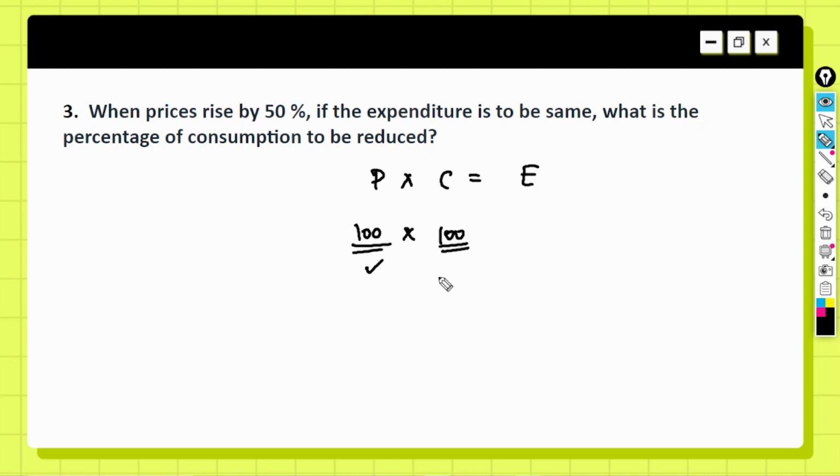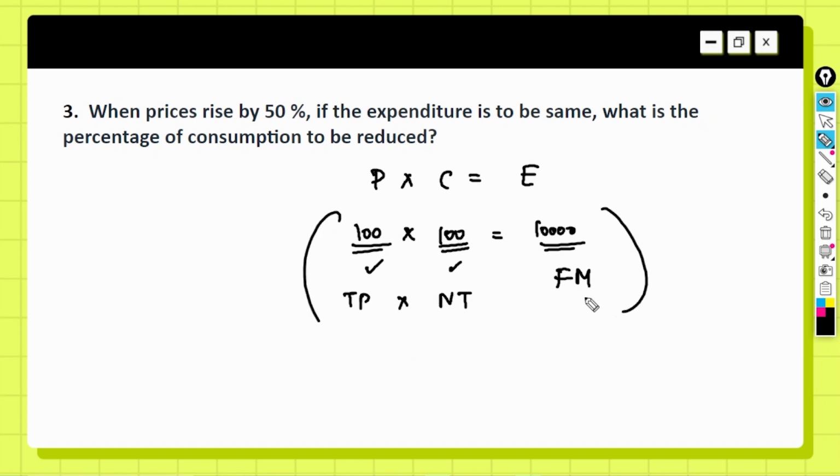You are booking 100 tickets, and the total expenditure is now 10,000. Let us assume your father's money is equal to ticket price into number of tickets. So you can practically connect this whole formula with a practical scenario, and then easily remember this in your mind, because some people might find it hard to remember formulas.